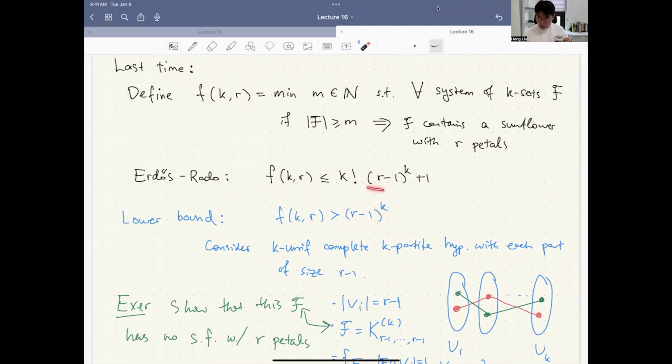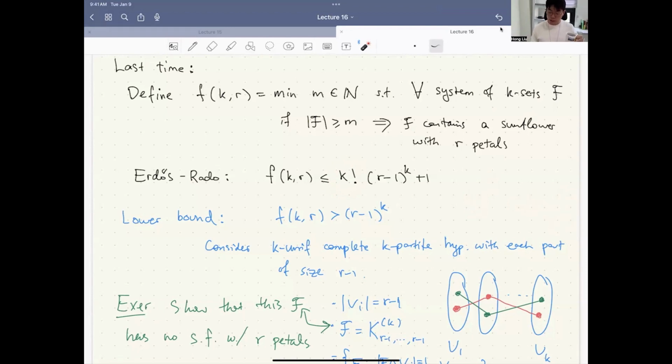In the upper bound, we also have an exponential in k term, but the dominating term is this one, factorial in k, which is larger than exponential in k. Exponential in k is something like this, while factorial is more like e to the k log k, much larger.